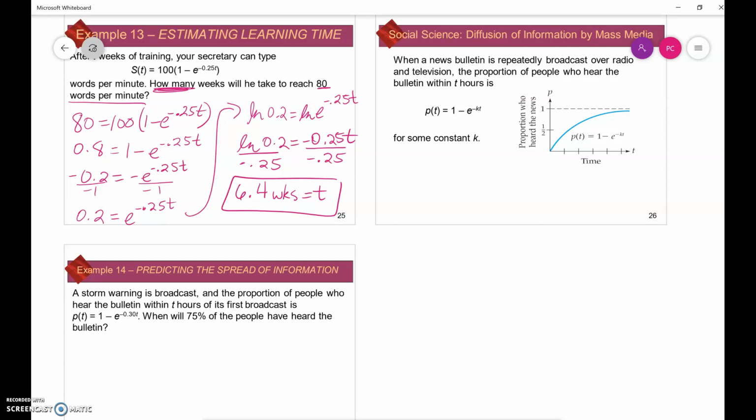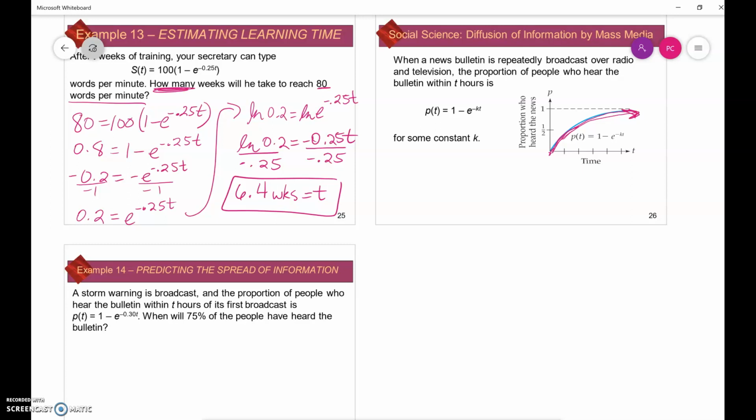When the broadcast first starts, no one's heard it, and then it grows really fast with people hearing at first, and then at some point it's going to start leveling off to where as many people are going to hear it as are going to hear it.